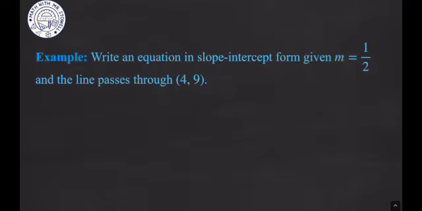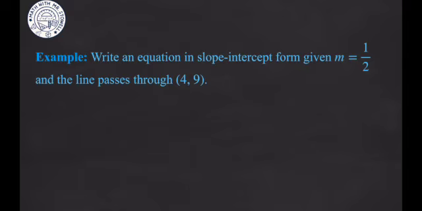Looking at another example: write an equation in slope-intercept form given m is equal to 1 over 2, and the line passes through the point (4, 9). So they give us the slope. That's nice. However, they do not give us the y-intercept. We want to put this into slope-intercept form, and remember, we need the y-intercept in order to do that.